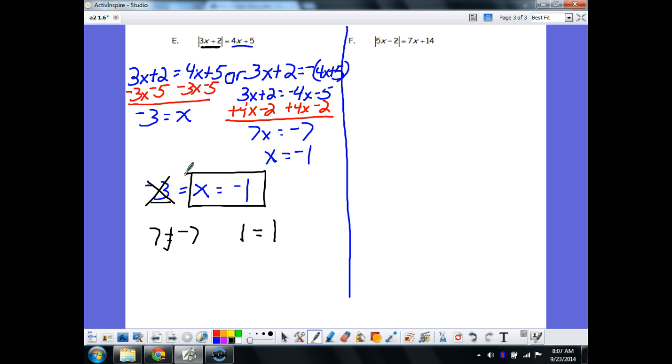Now, doing the same thing with example F, we are going to set the part inside equal to this value, 7x plus 14. We are also going to set it equal to the opposite of 7x plus 14.